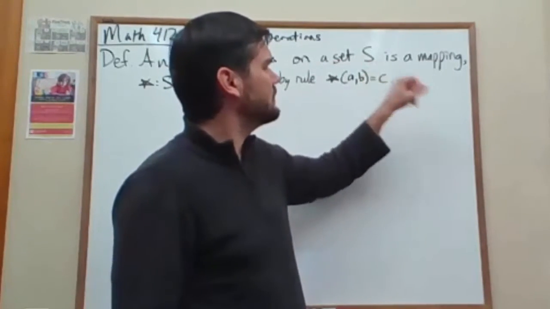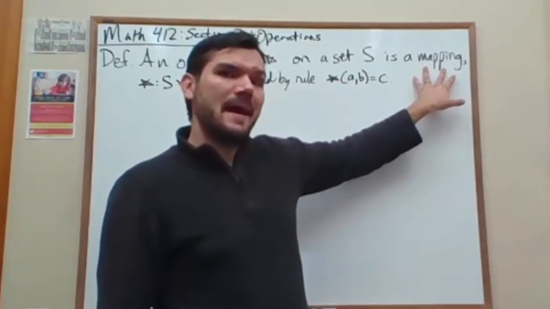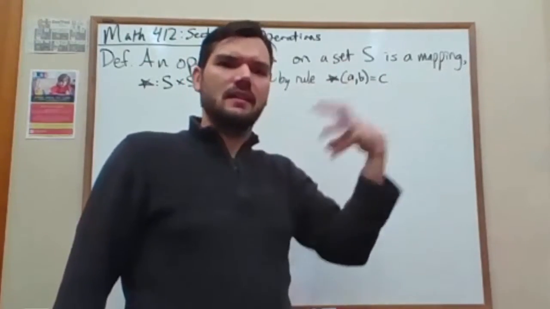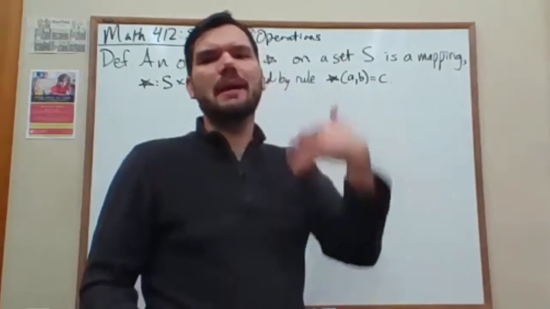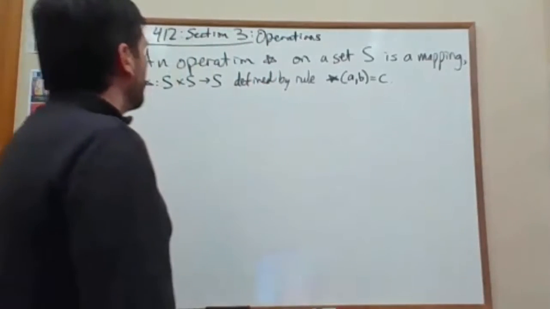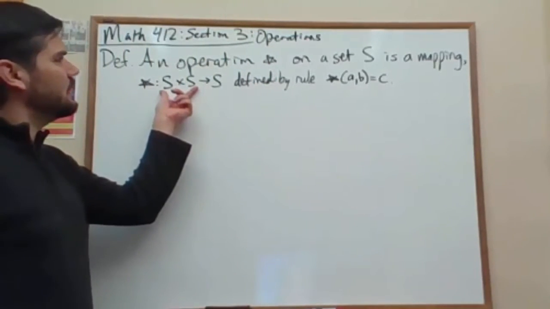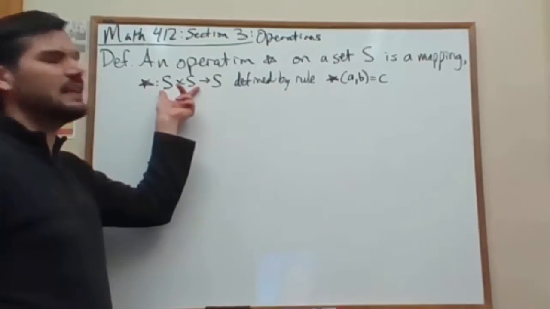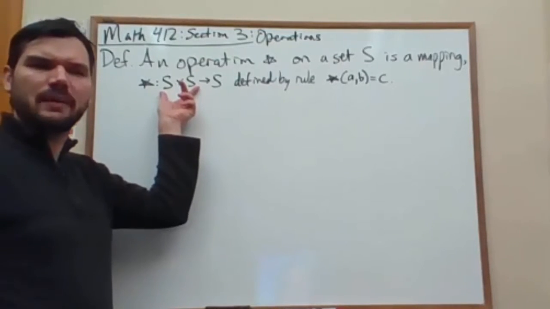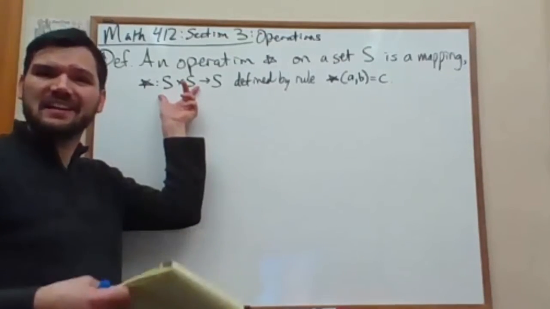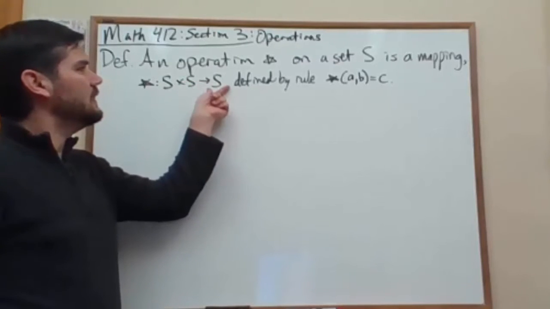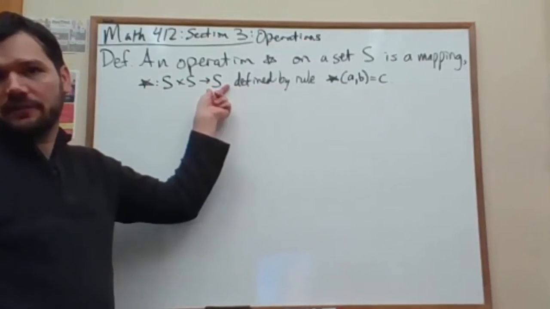Just some collection. This operation is a mapping, so it takes one thing or input and passes it on to an output. The mapping is defined by the cross of S and S. This is a way of saying that we have an ordered pair: a pair of input values and a single output value.